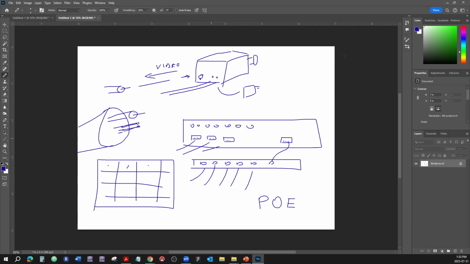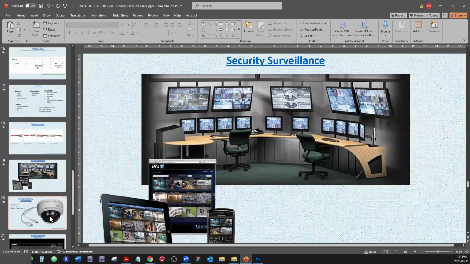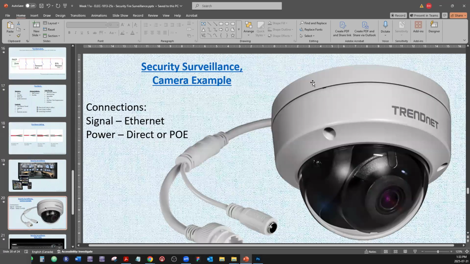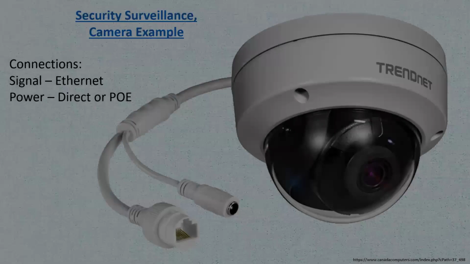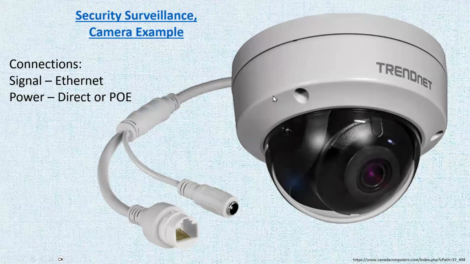Now, cameras have to be powered. Here's an example of an Ethernet IP camera. This one is called like a turret camera. There's some of the bullet cameras, different cameras. And notice you see here the Ethernet jack, and over here you also see the power jack.